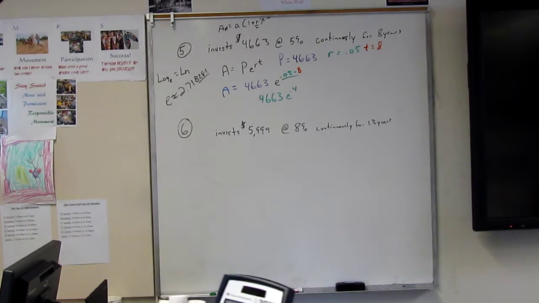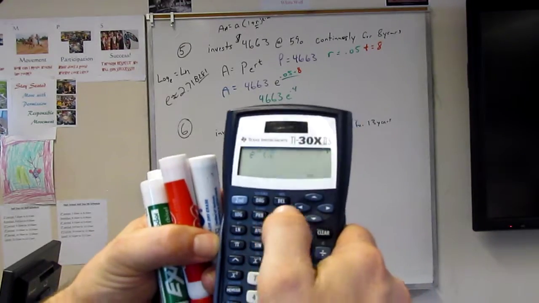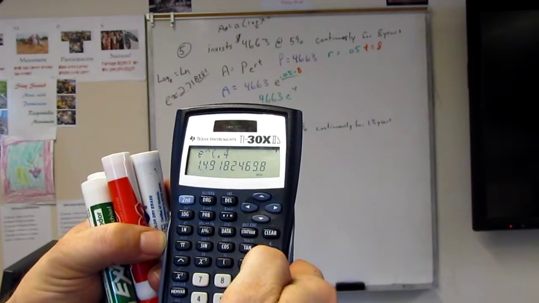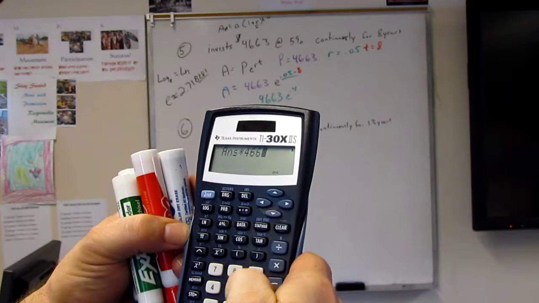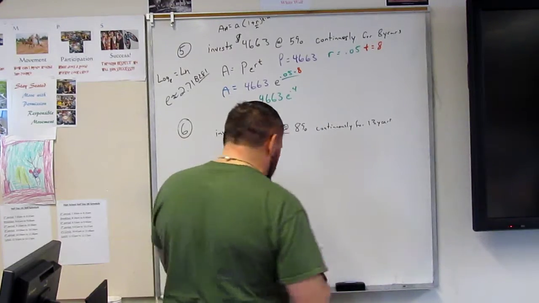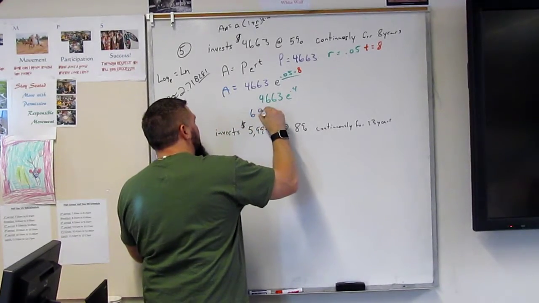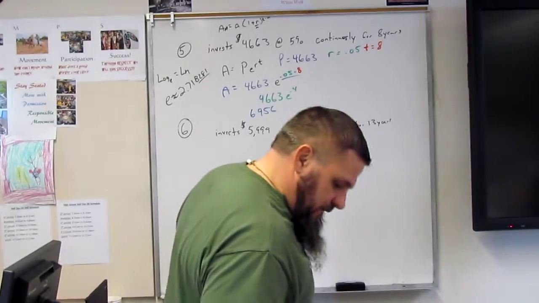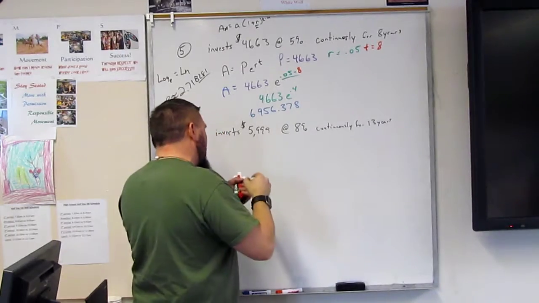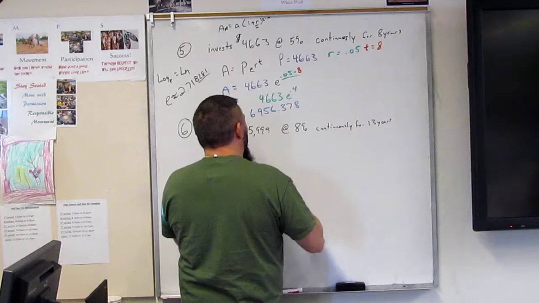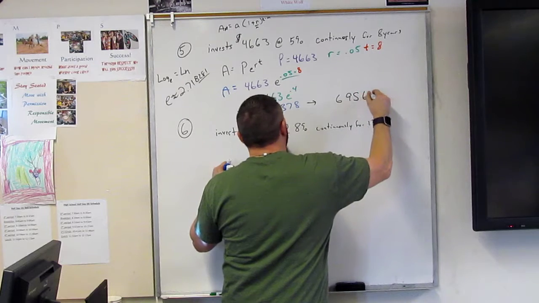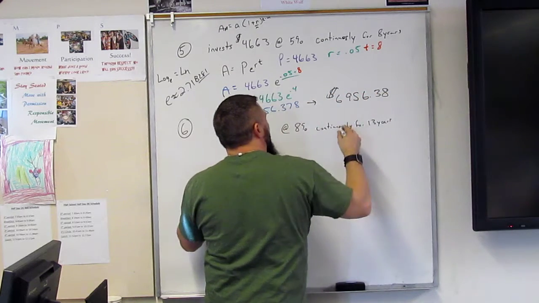I'm just going to start with e, so second e, and then raise it to the 0.4, hit equals, and then hit times $4,663 equals. I got $6,956.38. Okay.